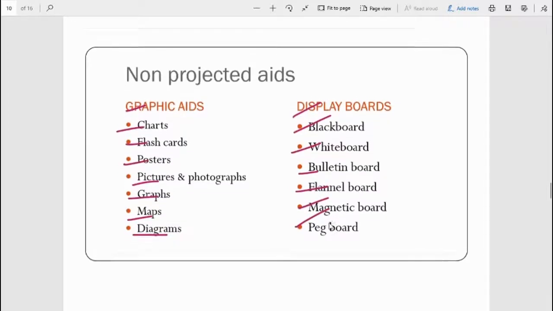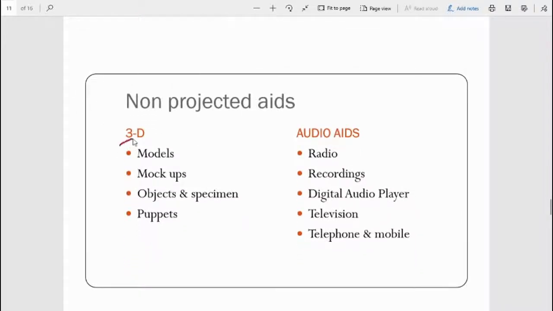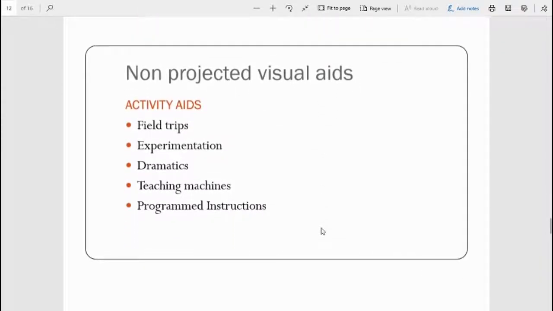Okay. Next categorization is 3D and audio aid. Under 3D, it is basically models, mock-ups, objects and specimens, puppets. Under audio: radio, recordings, digital audio player, television, telephone and mobile. Other categorization is what comes under activity aid.